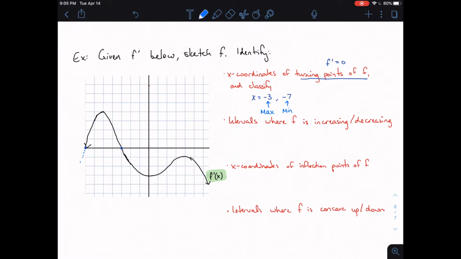So the intervals where the function is increasing or decreasing: of course, we're increasing when the derivative is positive and decreasing when the derivative is negative. So f is increasing when x is, well, the function is positive between, looks like, -7 and -3.